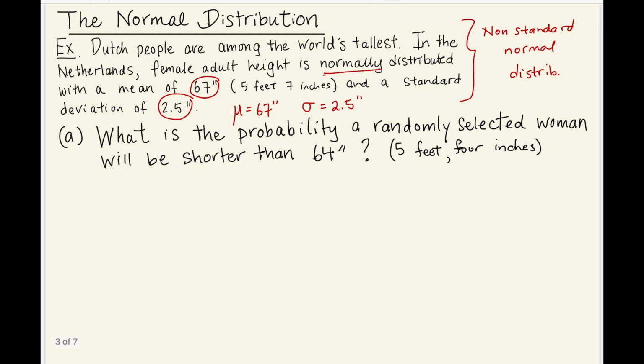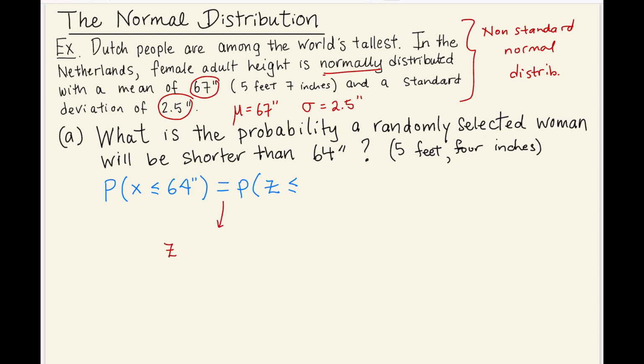So in this case, we are looking for the probability that the height is less than or equal to 64 inches. And so what I need to find is the probability that the z-score is less than or equal. So what is the z-score that corresponds to 64 inches?